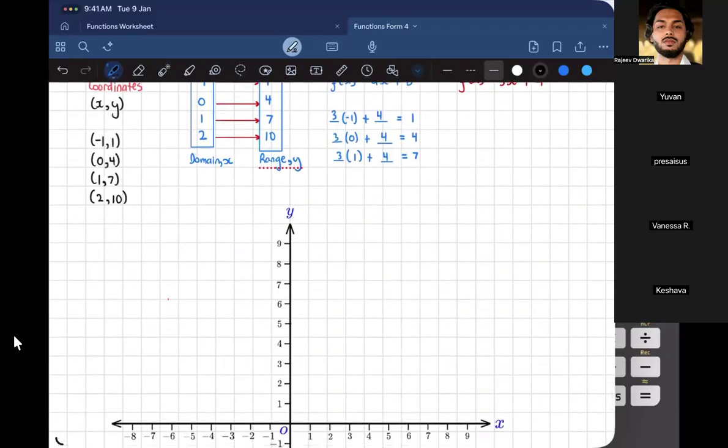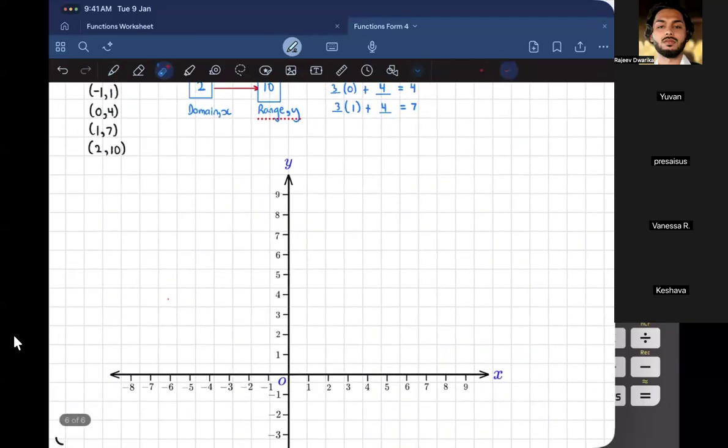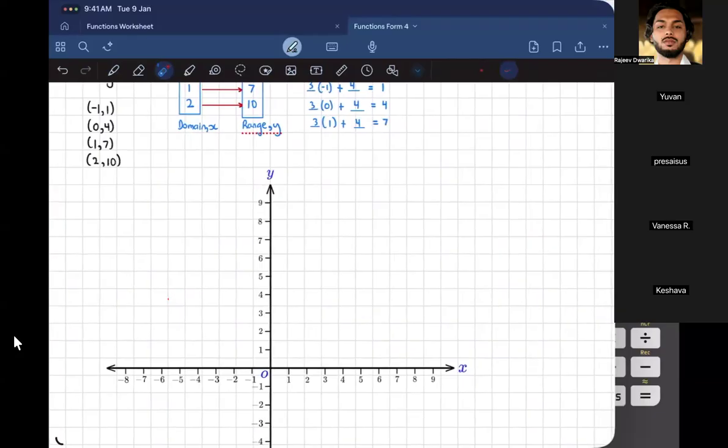So Vanessa, we're going to plot the first point. The first point is -1, comma 1. So that means, okay, when you're plotting points, you're always starting from 0, 0, which is the origin. So Vanessa, -1, comma 1. Tell me how to move to reach that point. Okay, so you go on the -1 on the x-axis, and then you move up one space to the positive one on the y.